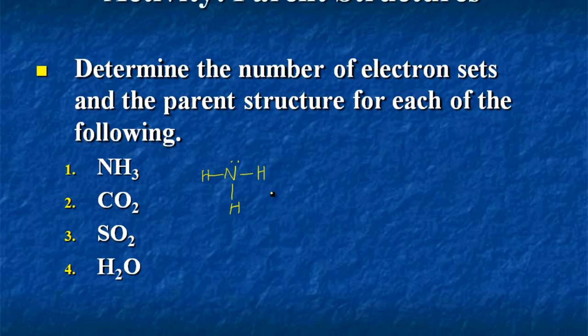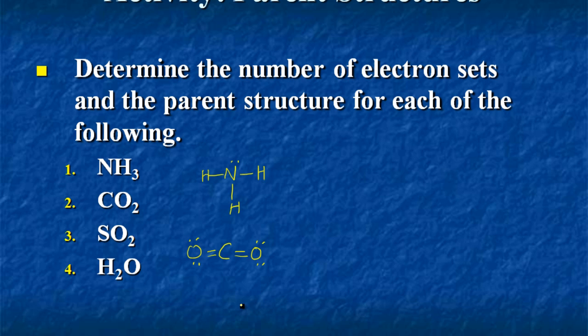How about CO2? C and O. How many electrons do we have? 12 plus 4, 16. And remember the structure? When you draw carbon dioxide, how many electron sets do we have?